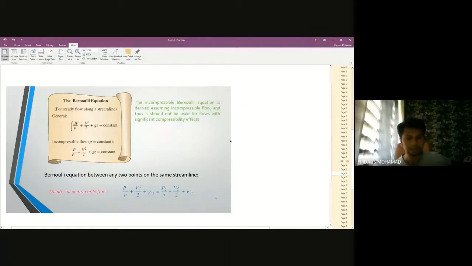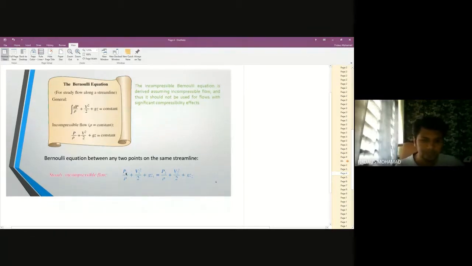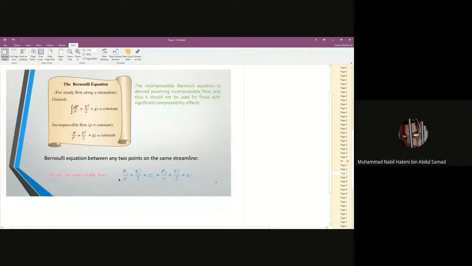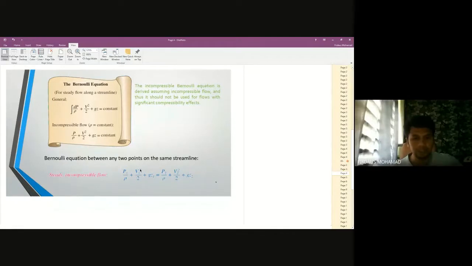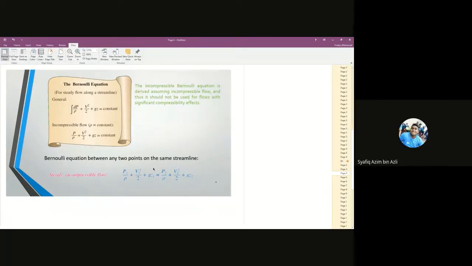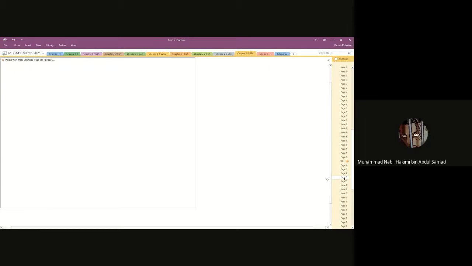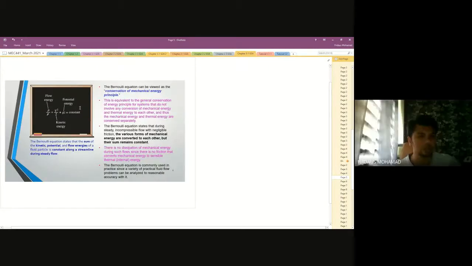This one, P1 over rho. So energy, V square over 2, kinetic energy, is apa? Potential energy. Okay, so sama, you boleh baca ni. Nanti saya dah explain tadi. Potential, flow energy dengan kinetic energy.